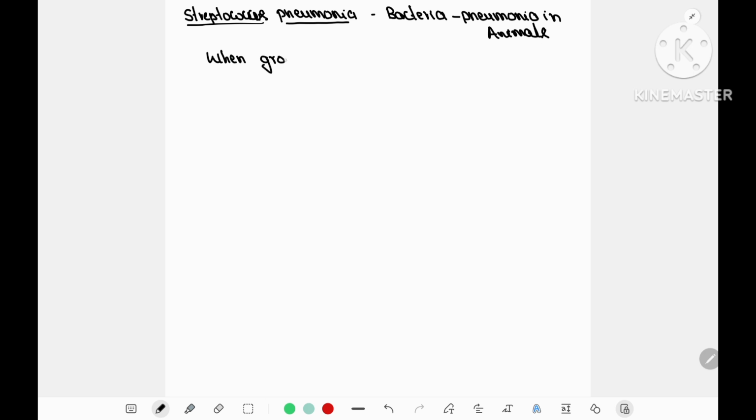When it is grown in a culture plate with agar, which is extracted from algae like Gelidium and Gracilaria and is used to grow organisms in the laboratory, some Streptococcus pneumoniae produce smooth and shiny colonies, without any edges.